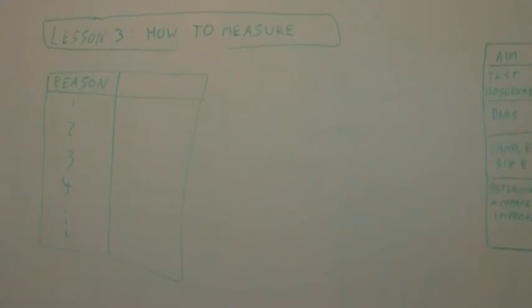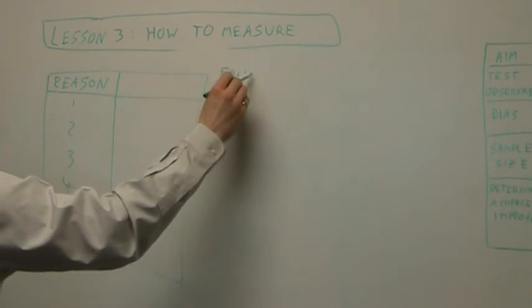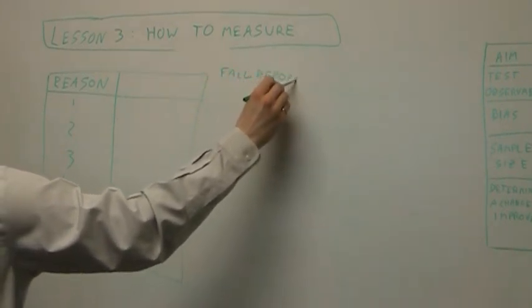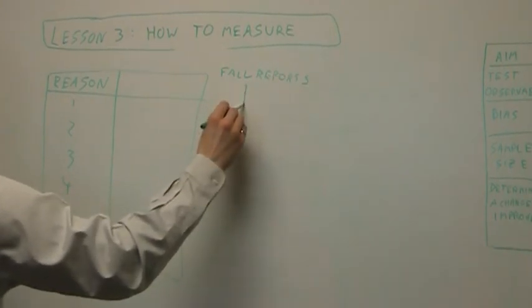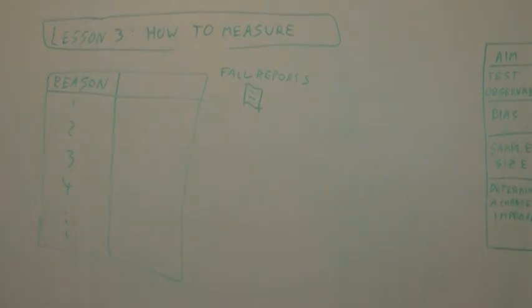Then the team gathers all the fall reports for the last 3 months. But note that the last 3 months is an arbitrary amount of time. If there are very few falls in the facility, then they will need to look even further back, say all the fall reports from the past year, in order to get a sufficient amount of data.